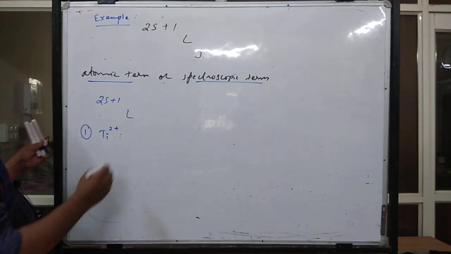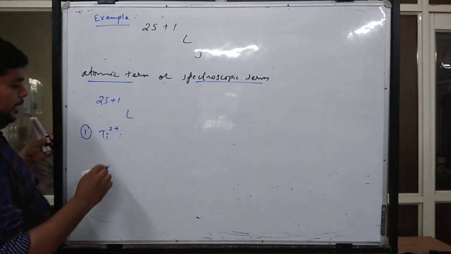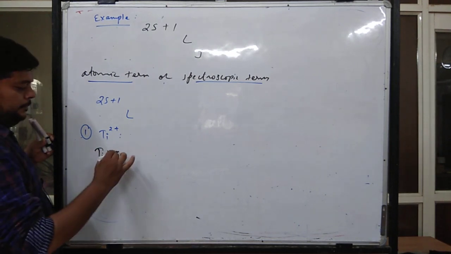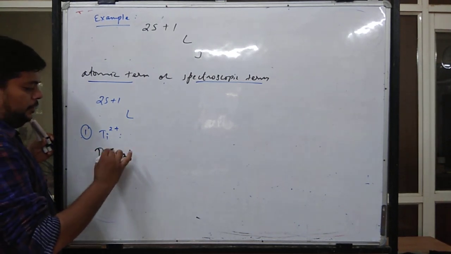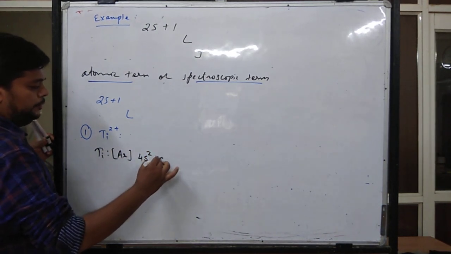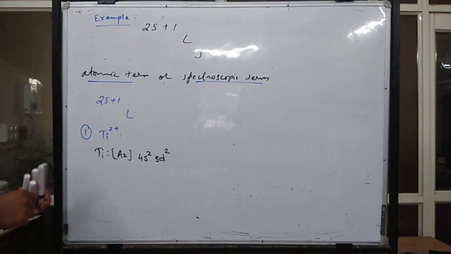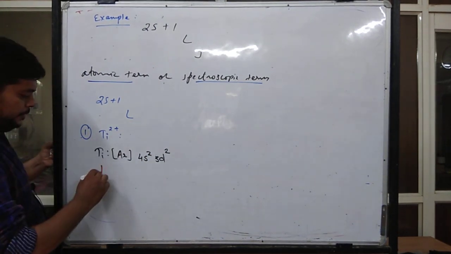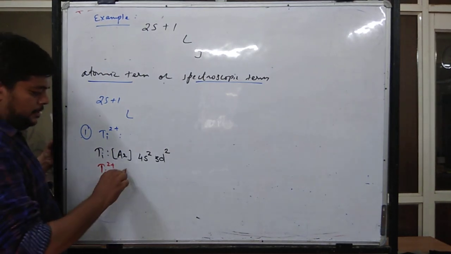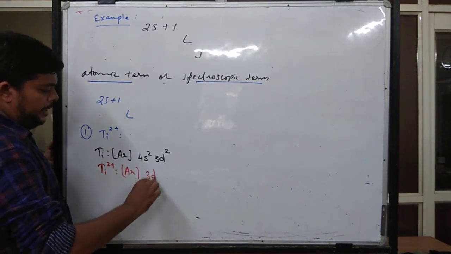So for the atomic term, let us first write the electronic configuration of titanium, argon 18, 4s2 3d2.